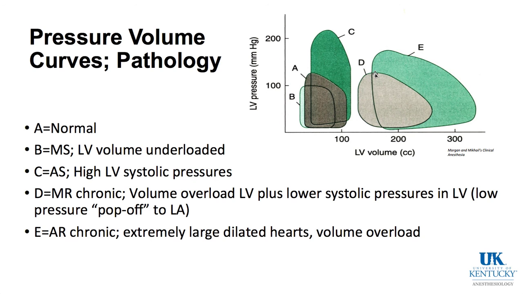The reason being is as the LV contracts, it doesn't have to eject all the blood out into the systemic circulation. In fact, it has a low pressure pop off into the atrium through the mitral valve that is regurgitant. And so think of the height of this LV pressure being lowered as compared to aortic regurgitation, which is also a large dilated, volume overloaded heart, and it gives us some of the biggest hearts you can get.